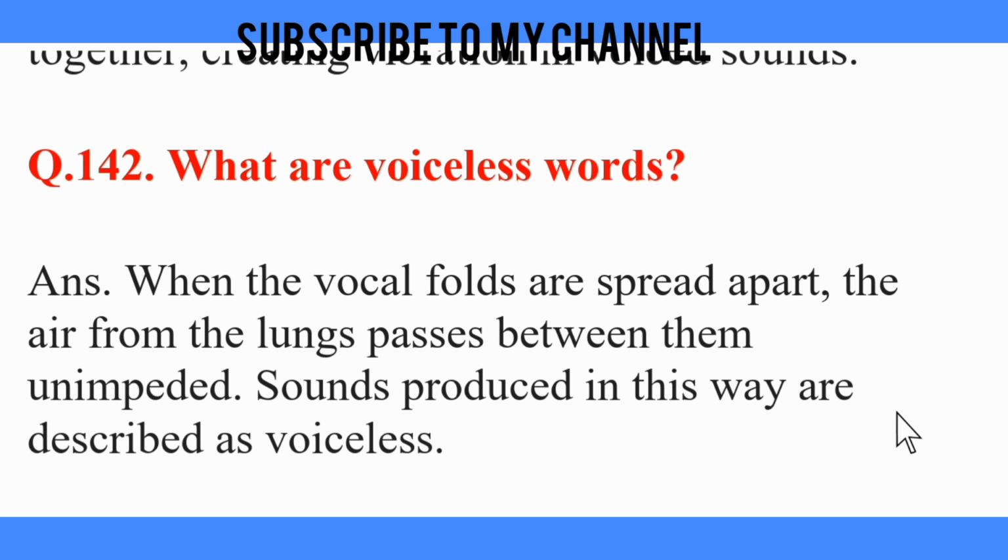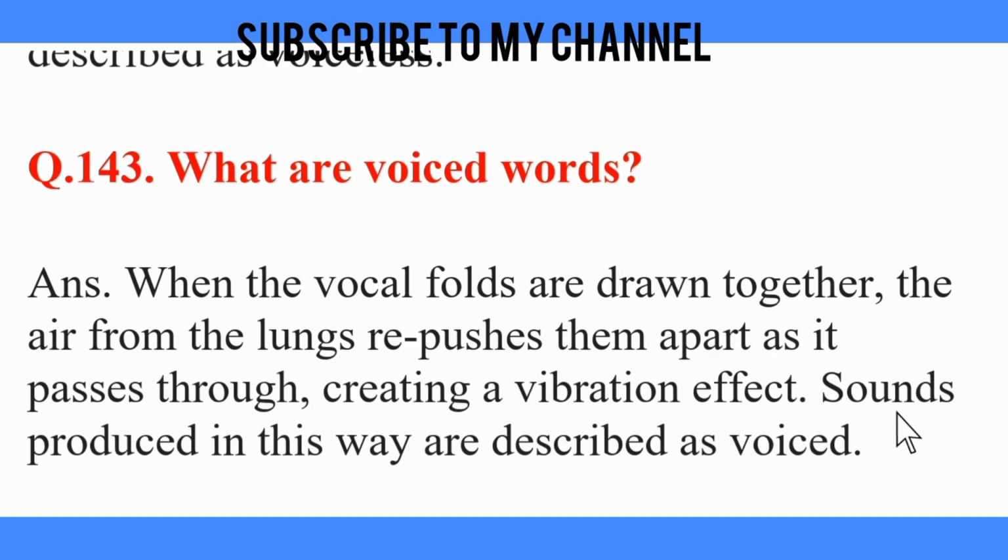Sounds produced in this way are described as voiceless. What are voiced sounds? When the vocal folds are drawn together, the air from the lungs repeatedly pushes them apart as it passes through, creating a vibration effect. Sounds produced in this way are described as voiced.